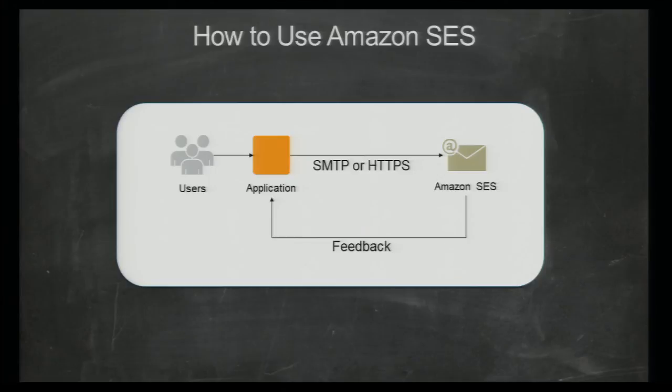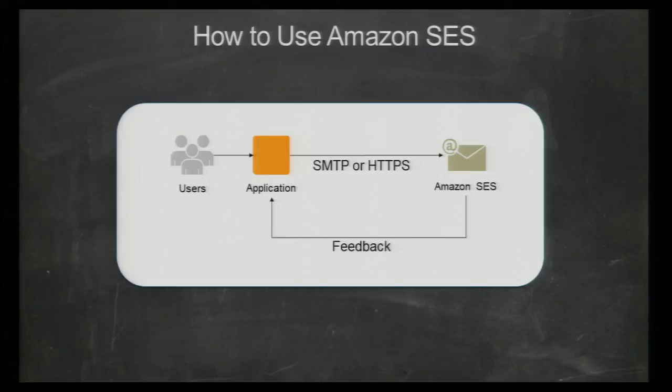In this case, SES will forward that feedback to you, either through email, or if you use the Amazon SNS feedback notification feature that Chris talked about, you can get programmatic access to your bounces and complaints. So that's, in a nutshell, a very simple architecture for using SES with your application.